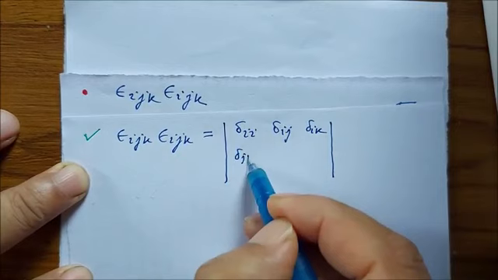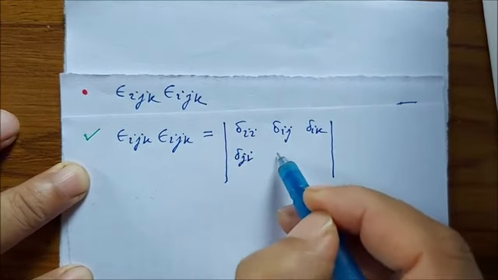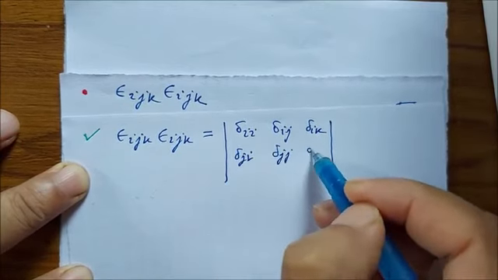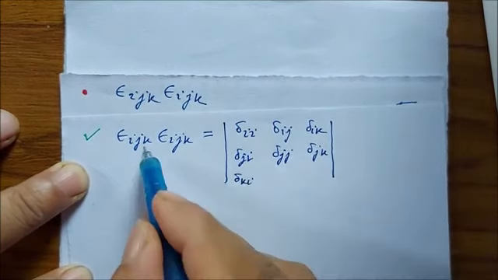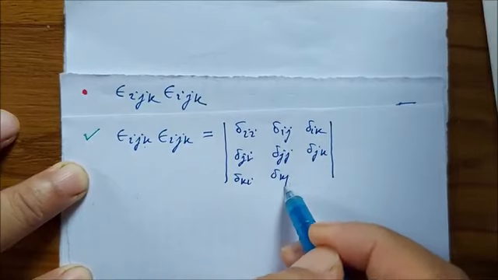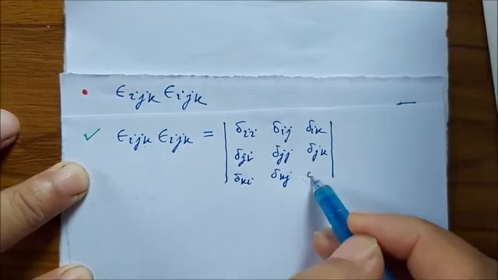Similarly, delta ji, delta jj, delta jk, and then we will have delta ki, then delta kj, and finally delta kk.